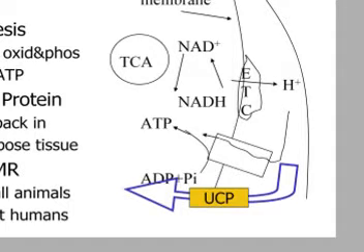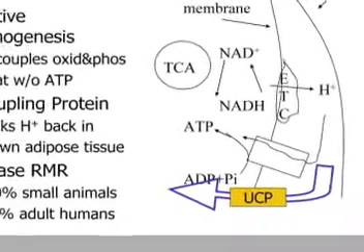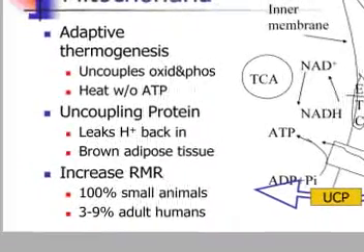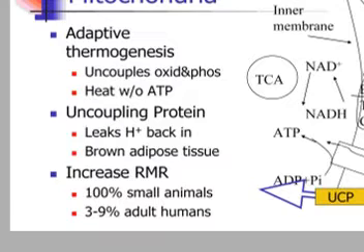And what that does is it allows an animal to stay warm on a cold day, and it also allows an animal to burn off excess fuel to keep weight down instead of gaining weight.